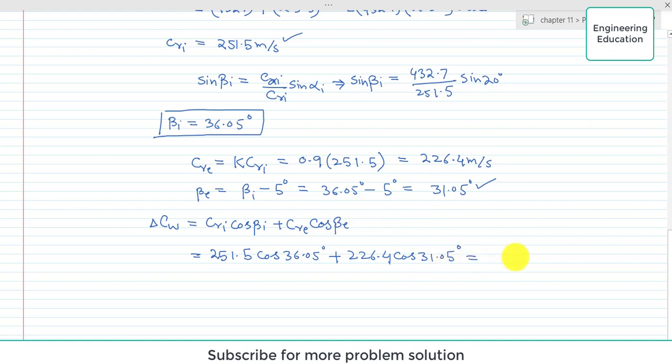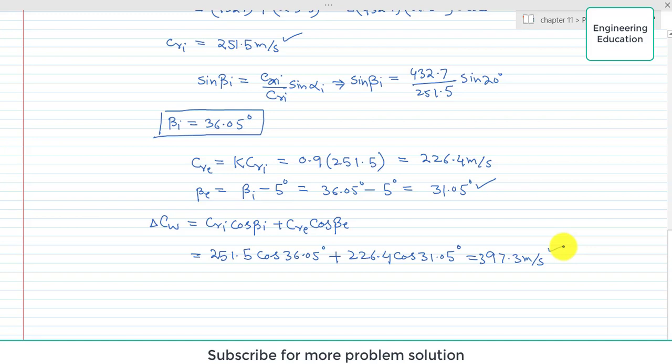Simplifying this and solving for delta CW, we get the value 397.3 meter per second.